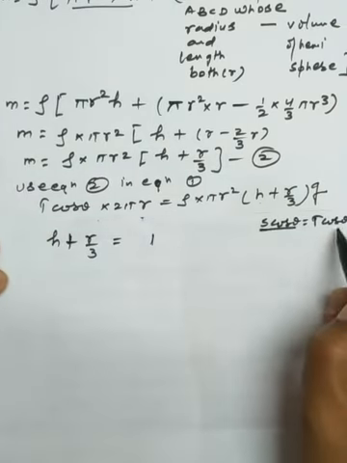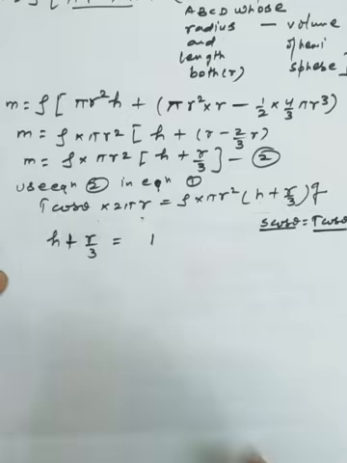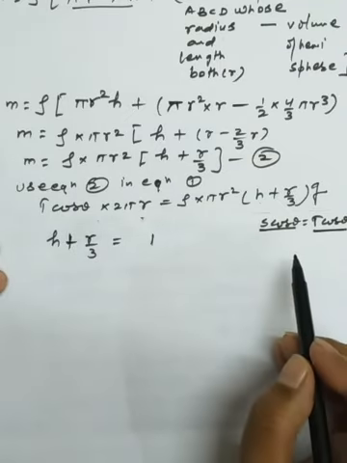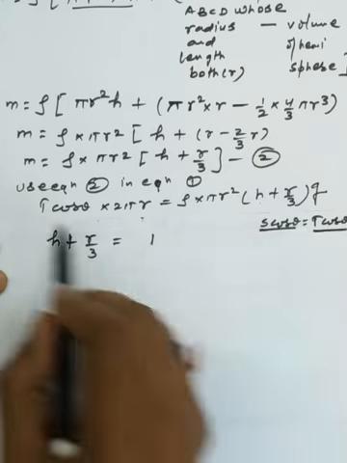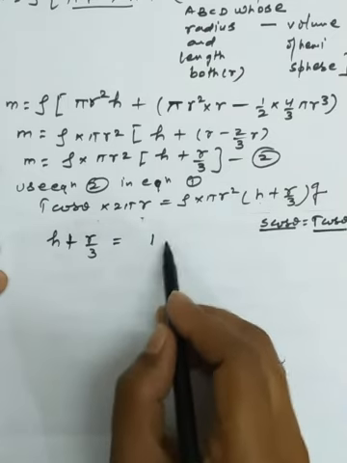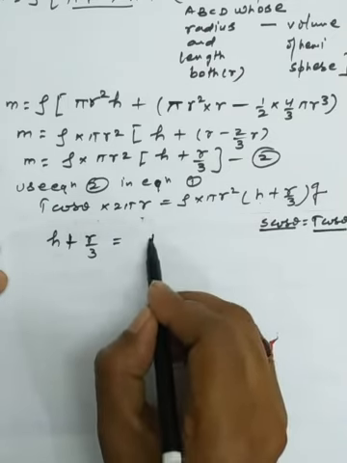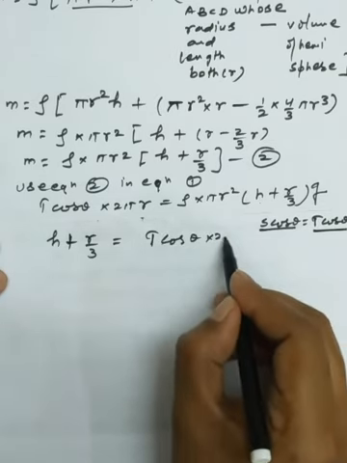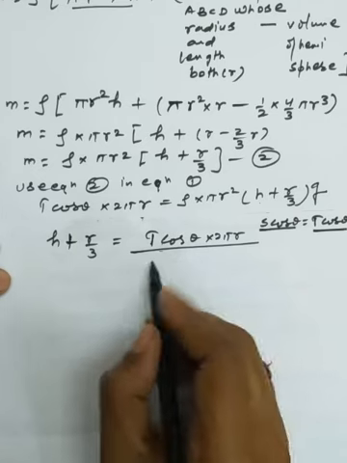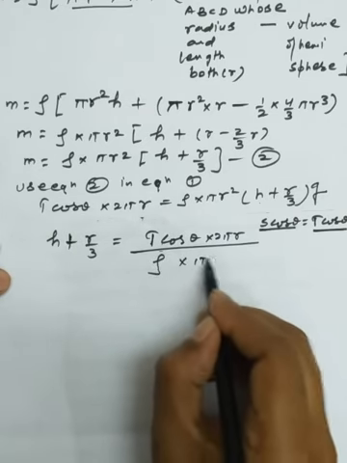Because I have mentioned in the diagram S cos theta, at the place of T cos theta I have used it in the formula, so need not worry about it. I am writing it simply as T cos theta into 2 pi r, and there is the cancellation of rho into pi r square.